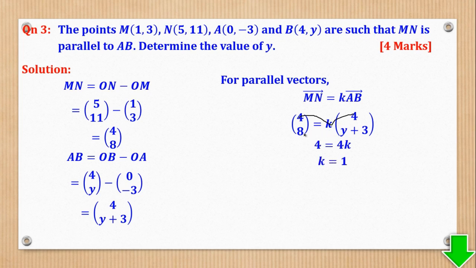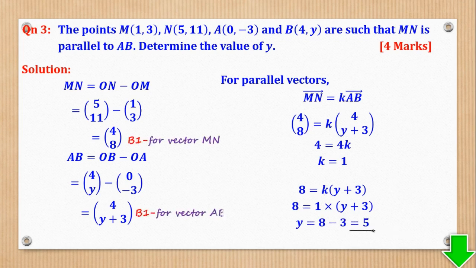Now that you have known k, you can use the lower part, 8 equal to k times y plus 3. Then you substitute for the value of k, and at this step we have only one unknown, which is y. So you have to look for a way of making y the subject, and that will be the value they wanted. So that is how you could get the 4 marks.